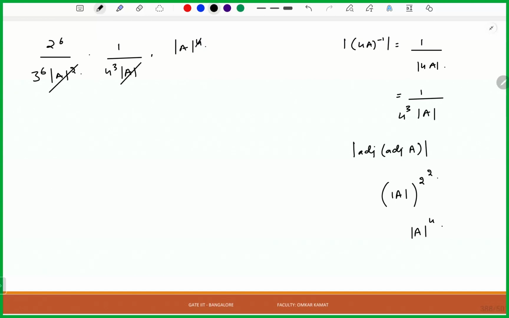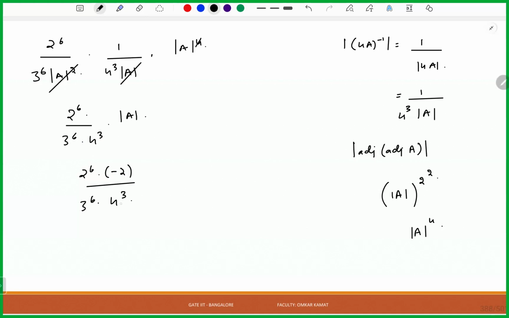See, 2 to the power of 6 divided by 3 to the power of 6, 4 to the power of 3, into determinant of A. So 2 to the power of 6 into minus 2 divided by 3 to the power of 6 into 4 to the power of 3. Clear? Now further if we simplify this, how much will we get?